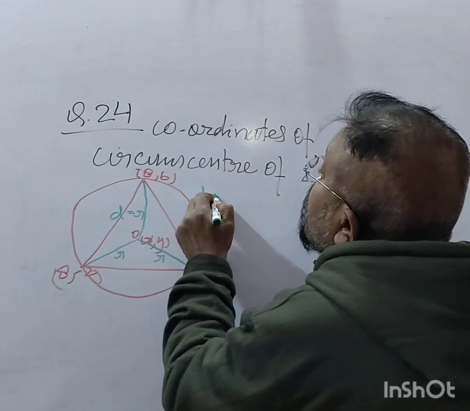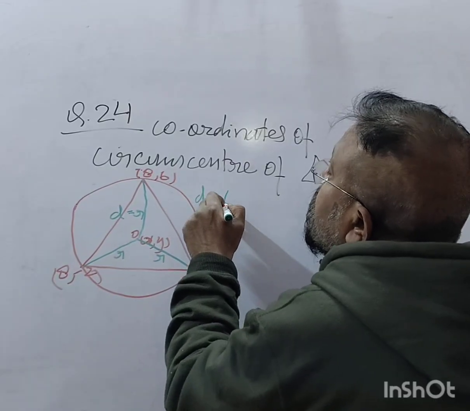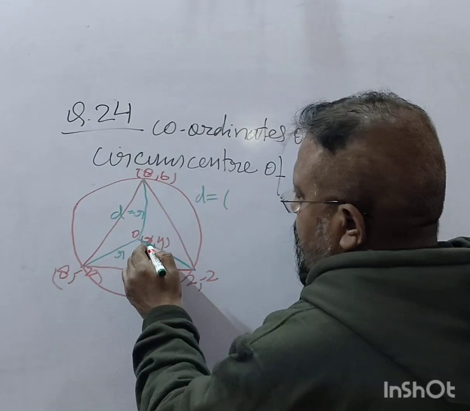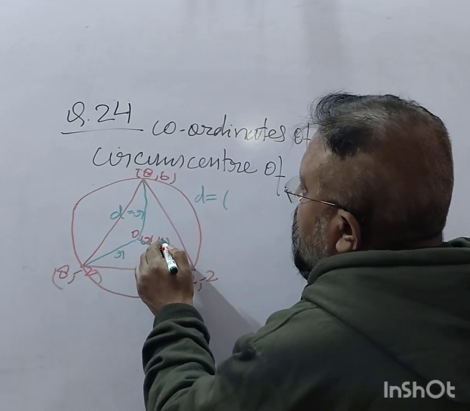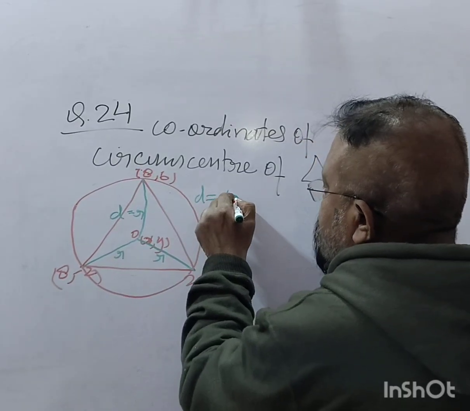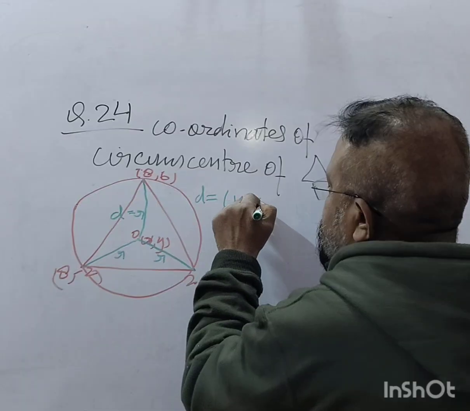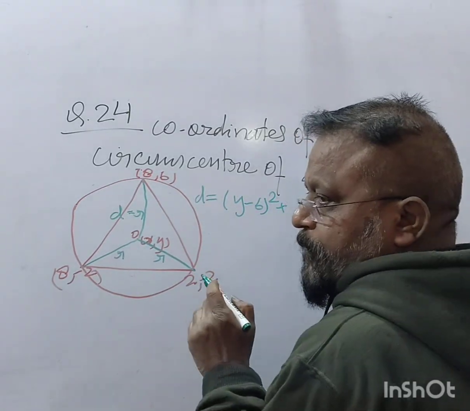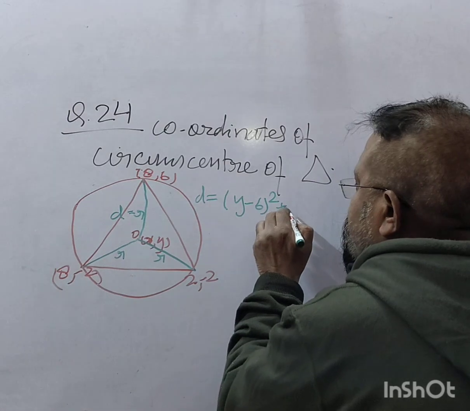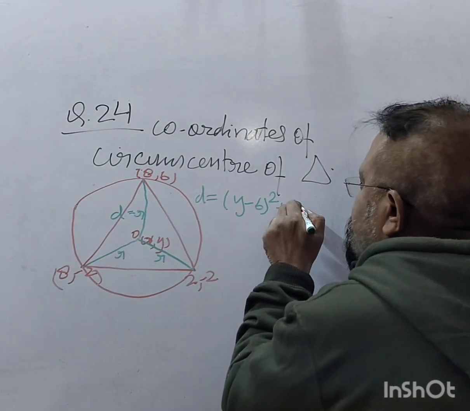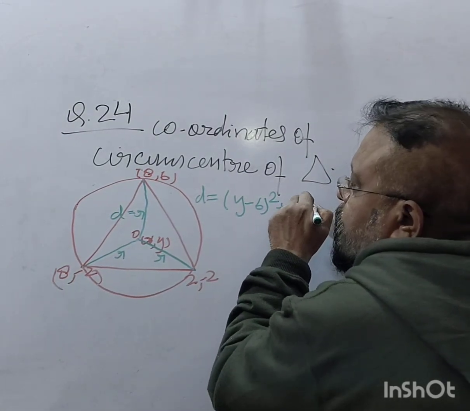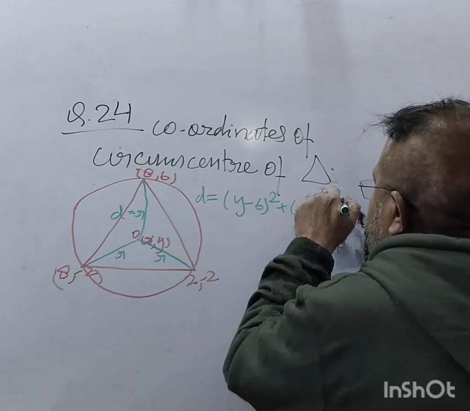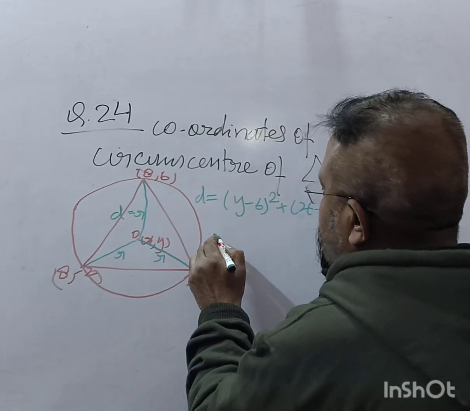So d is equal to, say, the square root of y minus 6 whole square plus x minus 8 whole square, right?